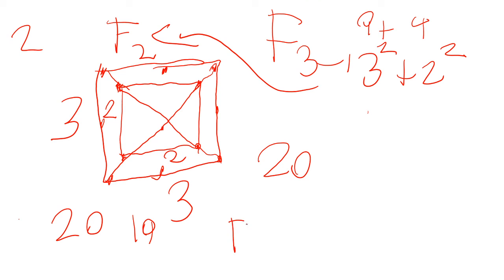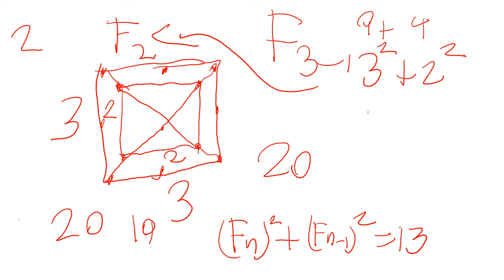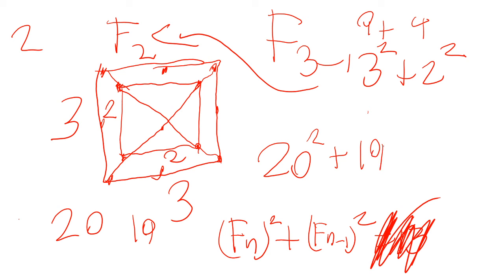Essentially what we did was we squared Fn, or not minus, we added it to Fn minus 1 squared. And we got to 13. Or not 13, I'm writing this in terms of n. Let's forget about that. This is what we're actually going to do. So, we square 20. 20 minus 1 is 19. And we square 19. So that's how we're going to get to the answer.